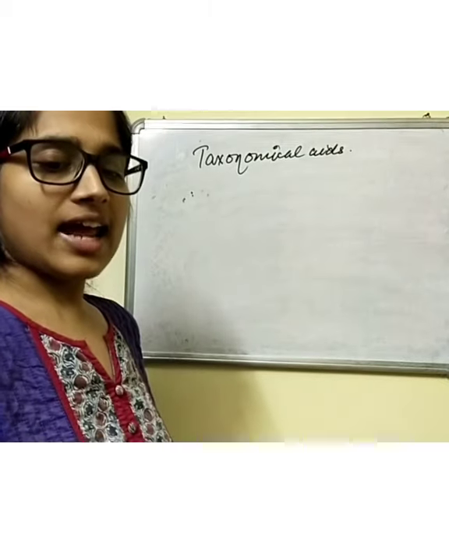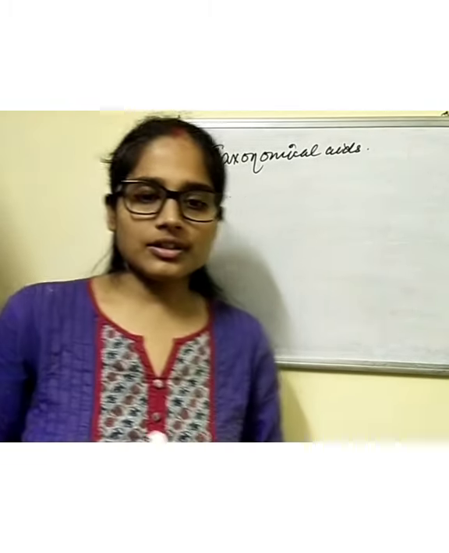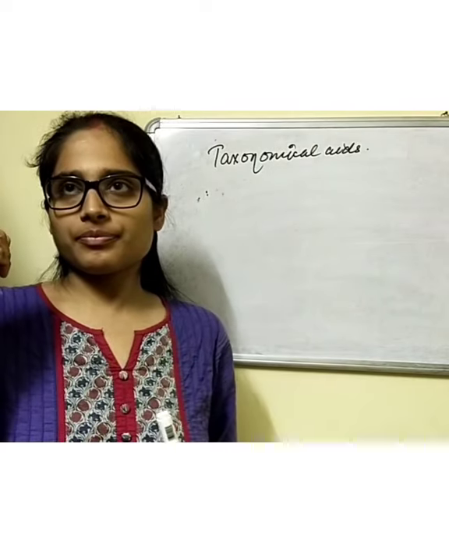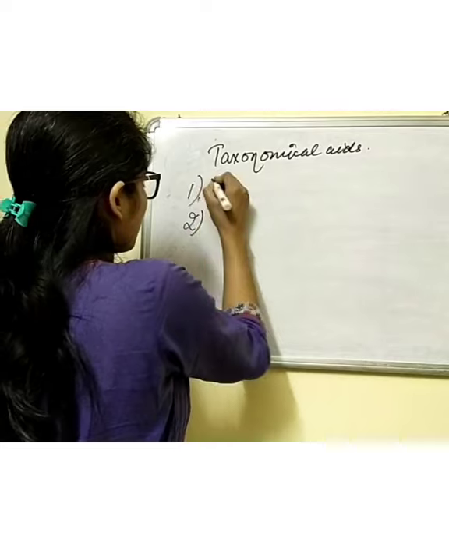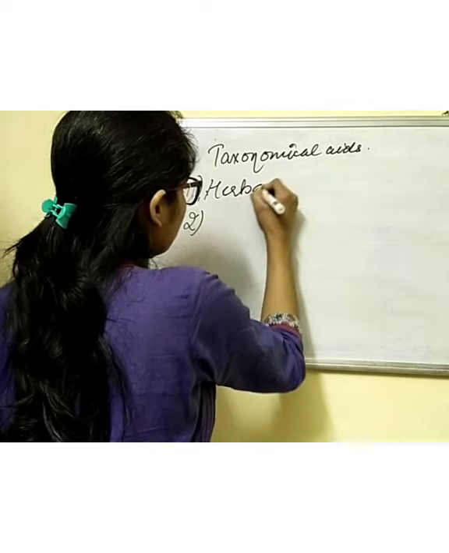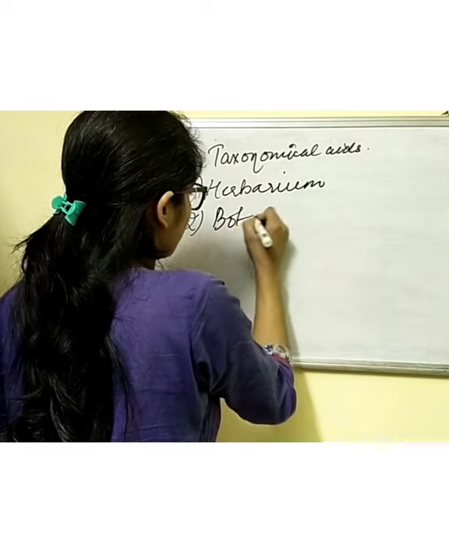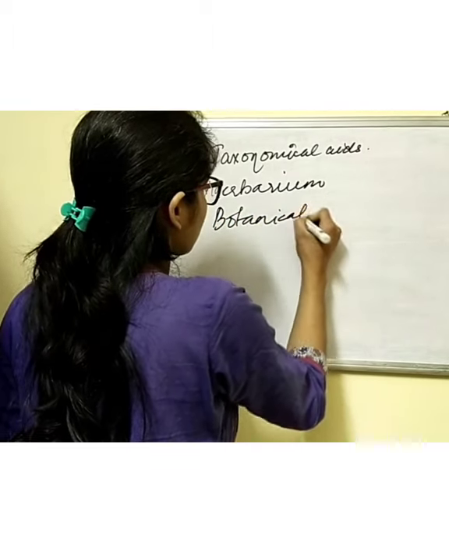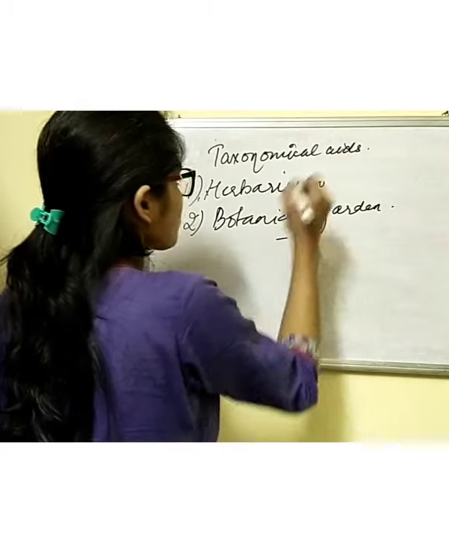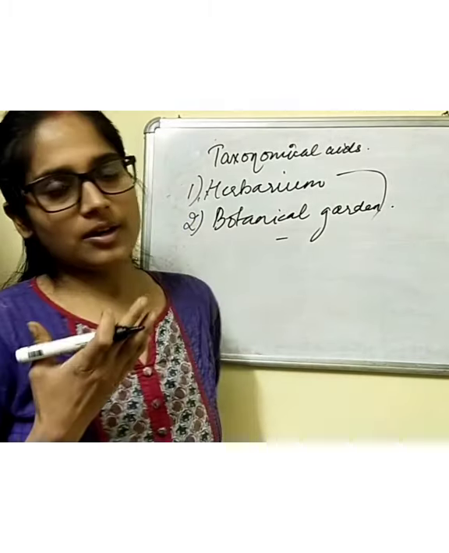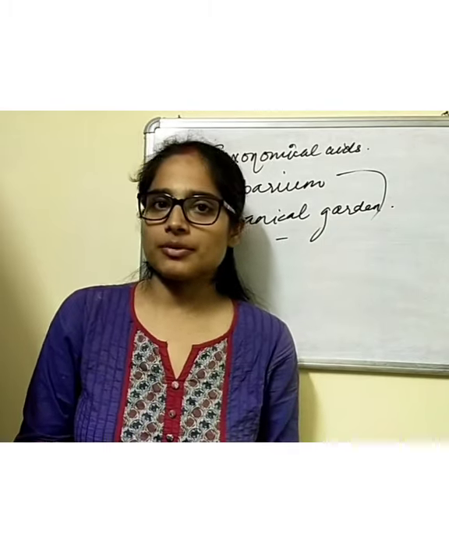Now the second is botanical gardens. First we've talked about herbarium. Anyway, just a minute, I forgot to mention the largest herbarium in the world and the largest herbarium in India.